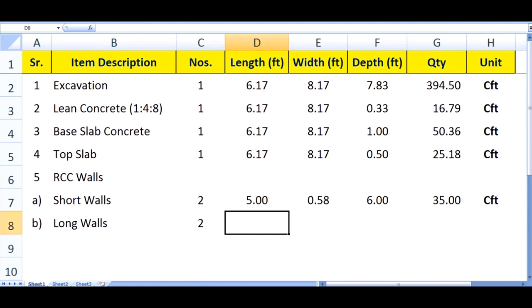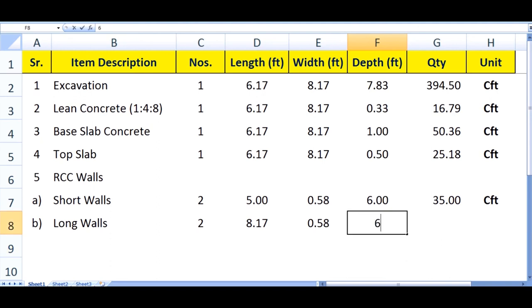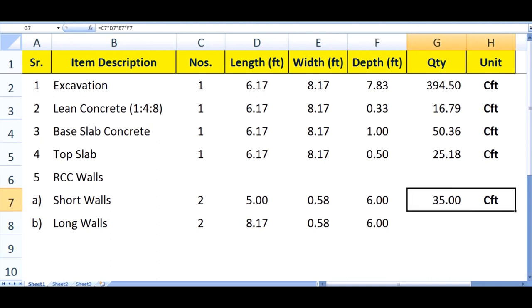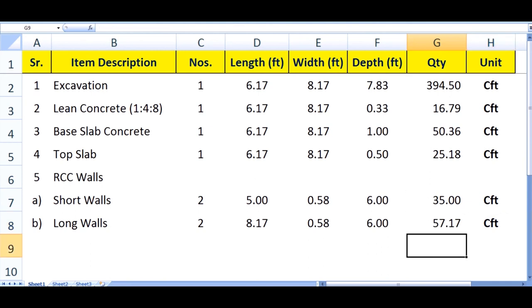So we write here 7 feet, that is the internal dimension, and then add the thickness of walls at both sides, that is 7 by 12 for one side and 7 by 12 for the other side. The width will be the same, that is 7 by 12. The depth will be the same, that is 6 feet. Now multiply these quantities. Here the quantity of long walls is 57.17 CFT.